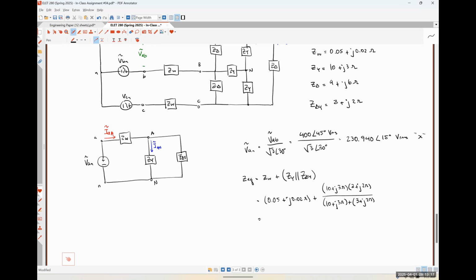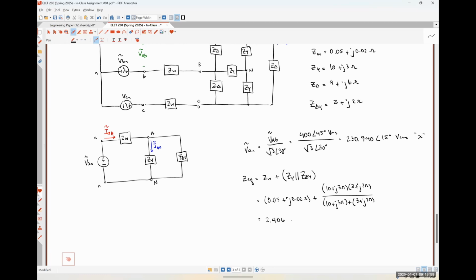And I'm going to throw that into my calculator real quick. And I got 2.4056.